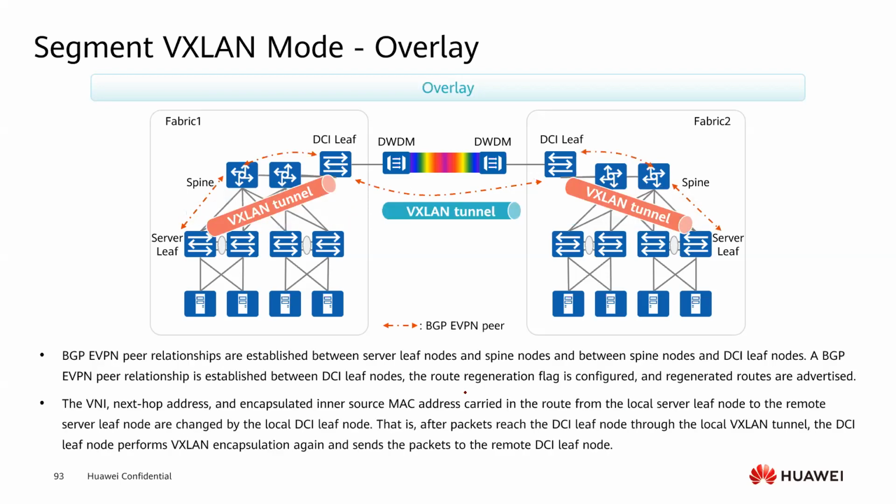But what is different is the overlay. So you will find that we have 3 segments of VXLAN tunnels. The first one is from the server leaf to the DCI leaf. Another one is between the DCI leaves, and the third one is from the DCI leaf to the server leaf.